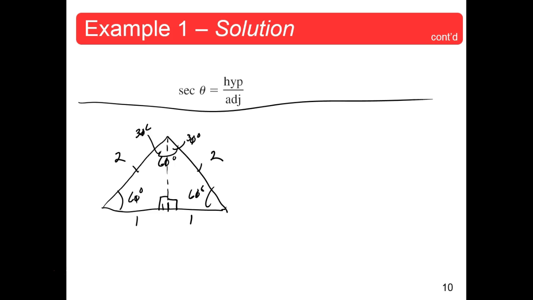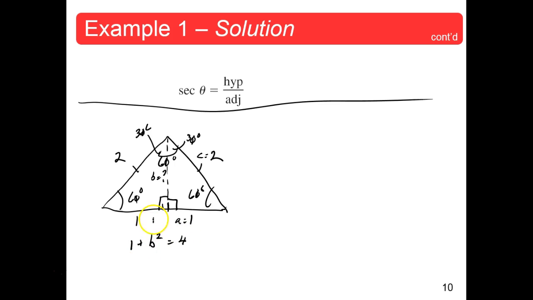Any way to determine it? Pythagorean theorem again. And that says that a squared plus b squared, that's the one we're looking for, is equal to c squared, right? So a squared is 1 plus b squared, we don't know yet, is equal to what's c squared? 4.